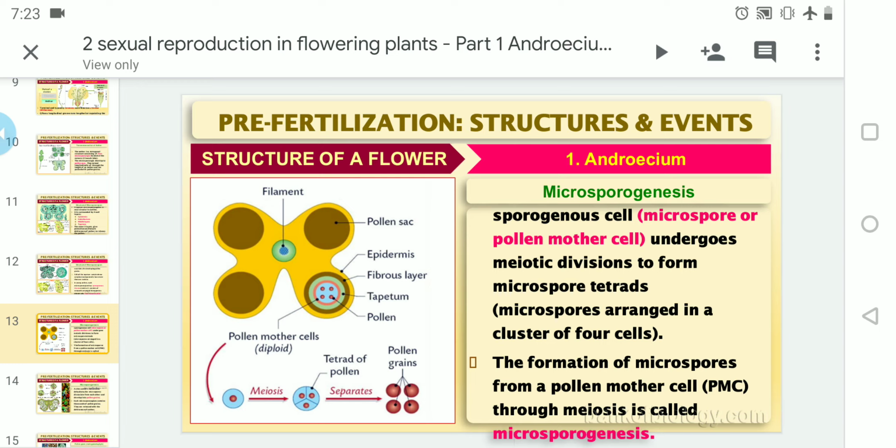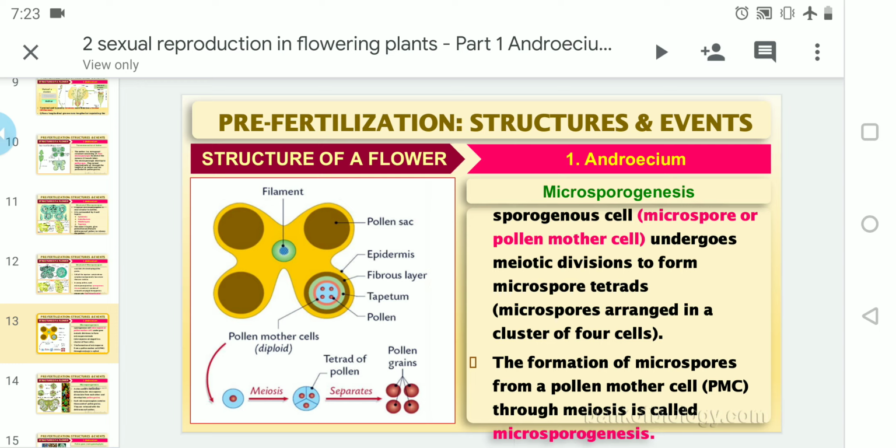Tetrad means 4: the microspores are arranged in a cluster of 4 cells, so it is called a tetrad. The formation of microspores from a pollen mother cell is commonly known as PMC.